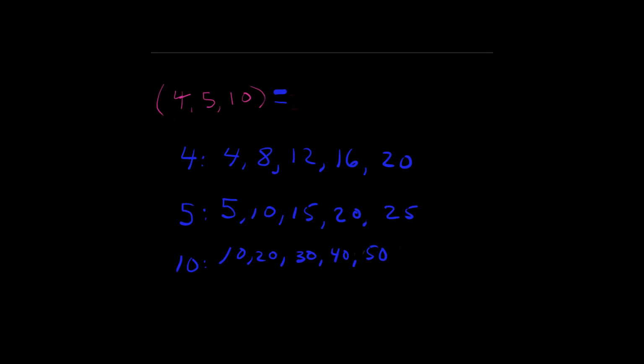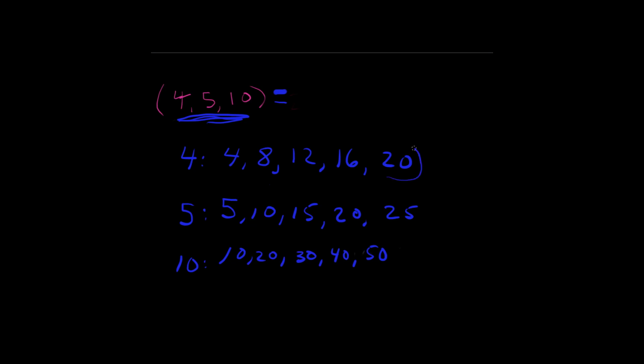Now, this time when we have three numbers, we have to find the least common multiple of all three, which means I need to have the same match in all three columns. For example, here we have a 10 and a 10, so that seems pretty good, but we don't have a 10 up here, so we can't use that. We have to see if we have a number that's the same in all three columns.